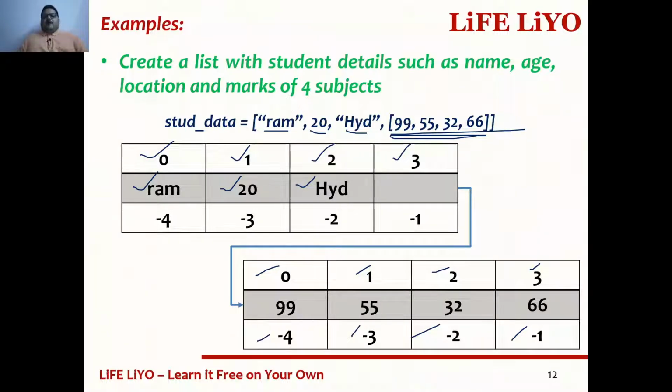Now we can access it with the help of multiple indexes, one for the main list index and another one for the sublist index. Now if you want to access this 55, how can I write? 55 is available in the third index of the main list, and in the sublist it is at positive index 1. So 3, 1 returns the 55.